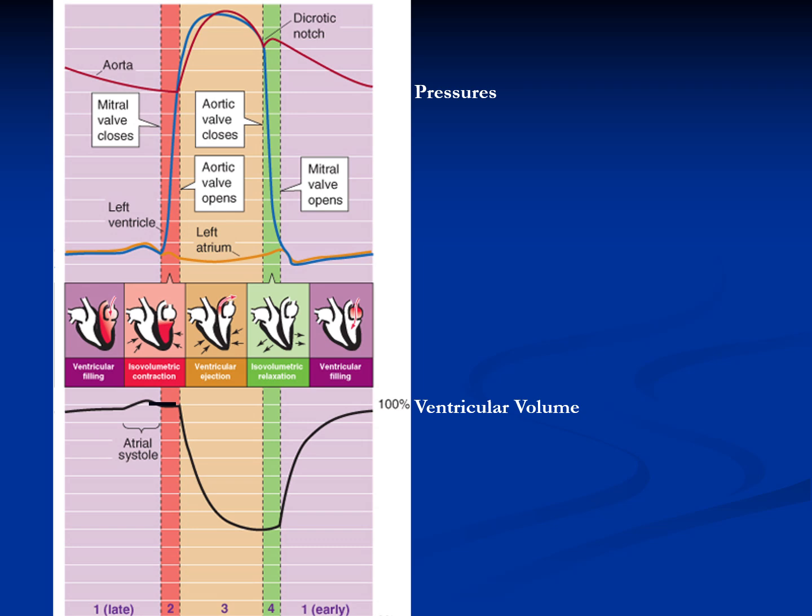Let's focus on the upper part of this figure. The upper part of this figure is an illustration of pressures, and I wrote it for you on the right side. In blue, you're going to see the ventricular pressure, in red, the aortic pressure, and in yellow, orange, the left atrial pressure.